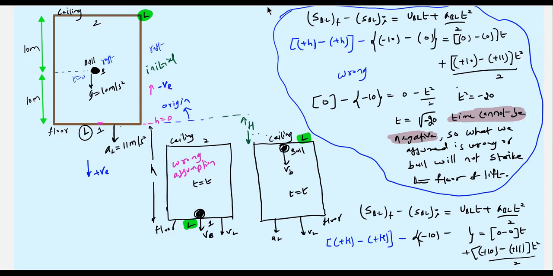What we assumed is, now we are trying to do the second part of the problem. Initially at t equals 0, what is the position of the ceiling from the reference? It will be minus 20, a distance of minus 20 meters. So that has to be substituted here. Minus 20.